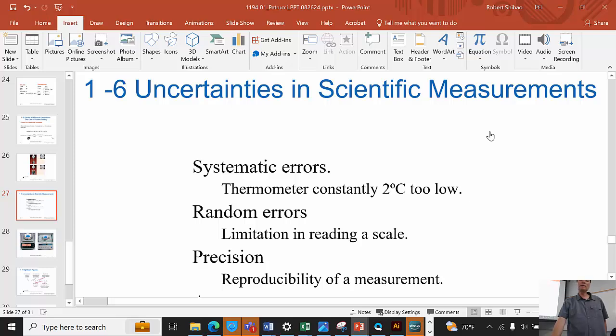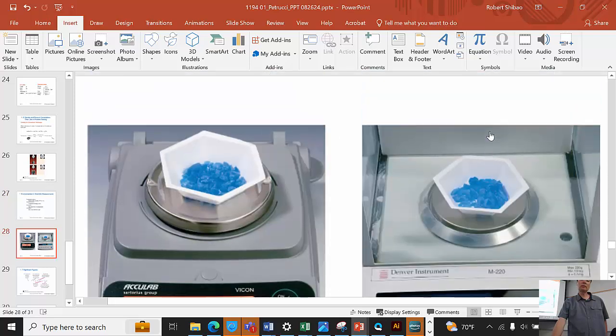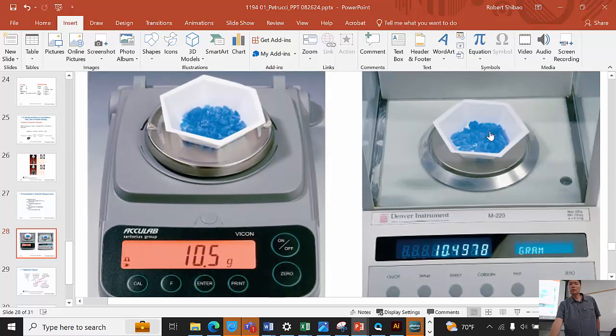Okay, we talked about systematic errors, random errors, precision and accuracy already. Which one's more precise? The one on the right. Which one is more accurate? Usually you would think the one that's more precise is also more accurate, but we don't know because of what?